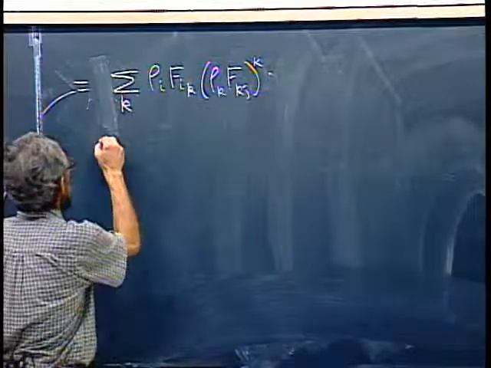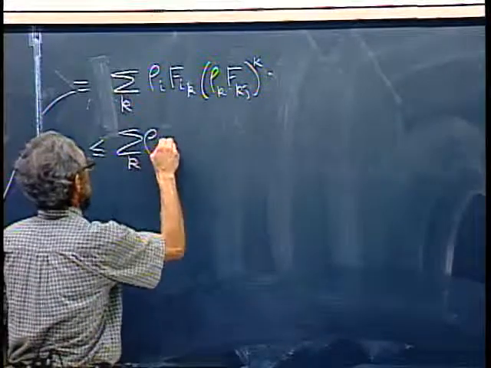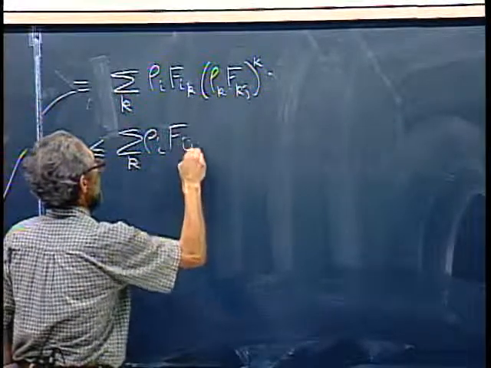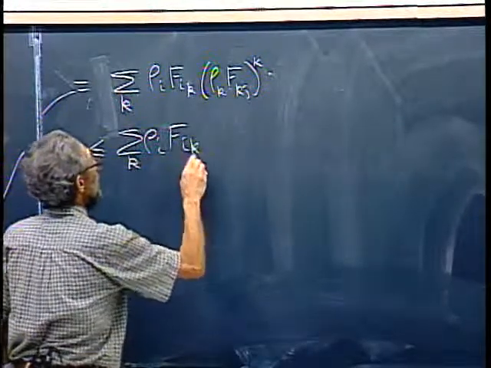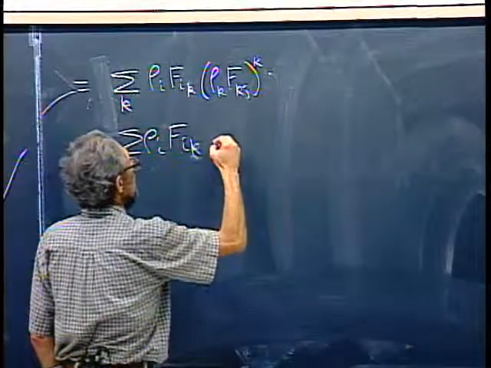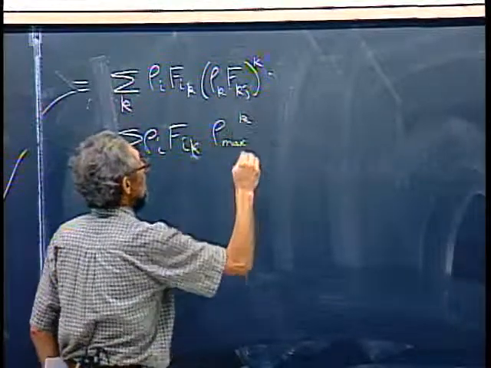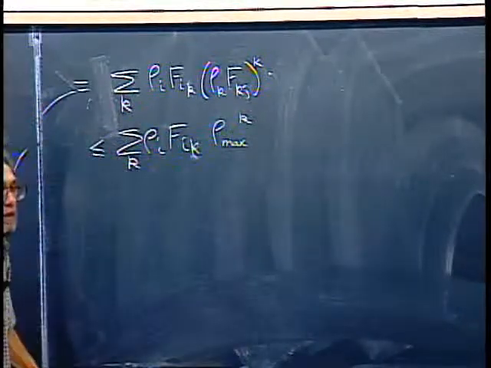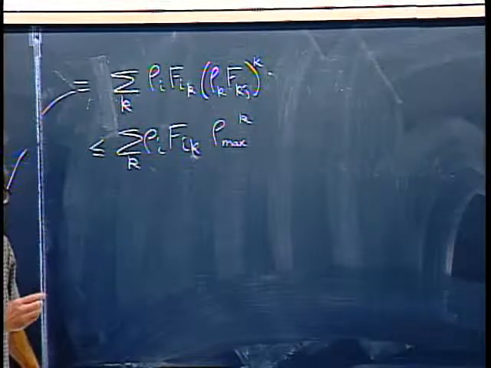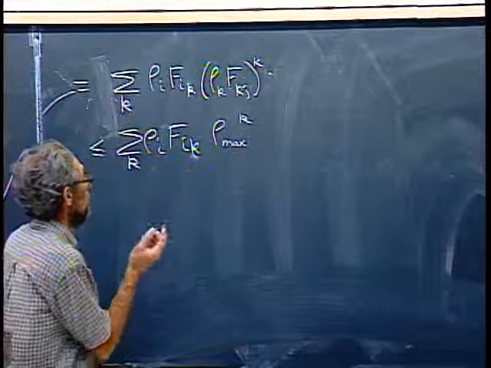And now my induction hypothesis says that this part here is less than or equal to rho max to the k. Because I'm proving it by induction, and my induction hypothesis assumed it was true for k. And I already proved the base case.